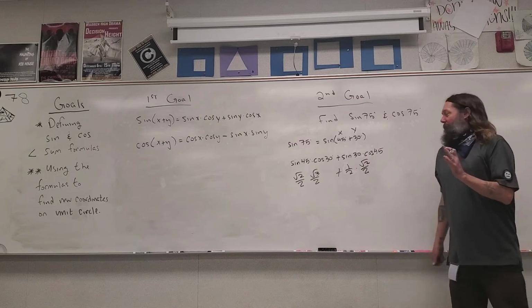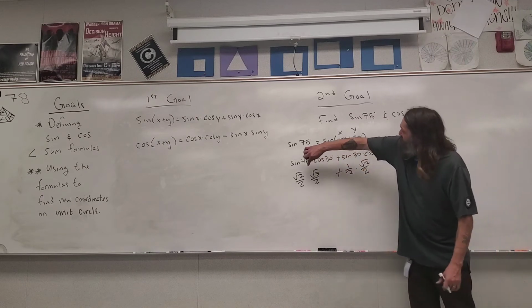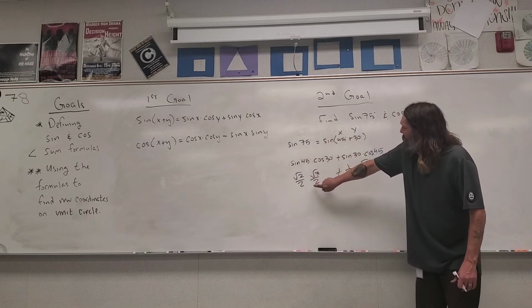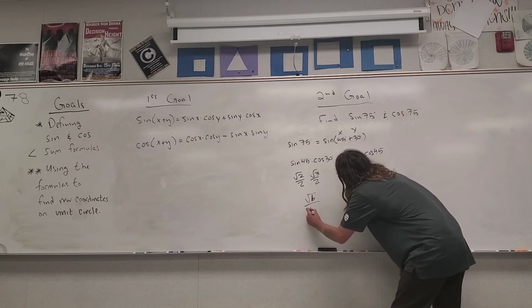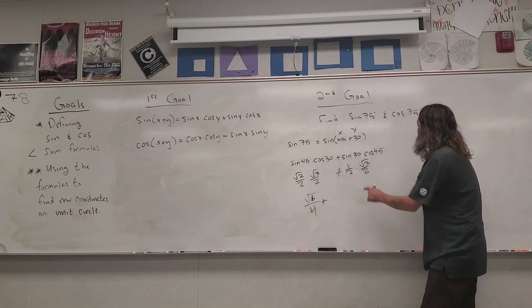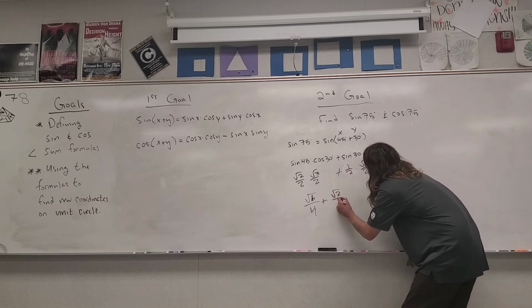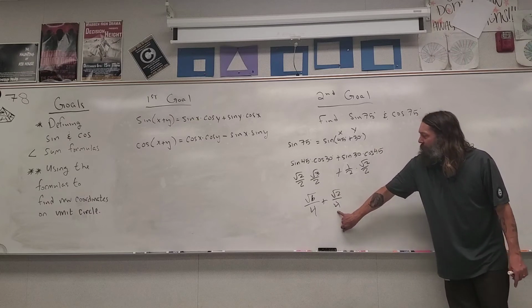Now, I didn't review this with you, but hopefully you remember that if two numbers are in a square root, you can multiply them together, and we also have to multiply the denominators. So I'm going to get the square root of 6 divided by 4. I'm going to add that to 1 times the square root of 2, that's square root of 2, and 2 times 2, that's 4. These are good fractions because they have the same denominator, so I can add them together.